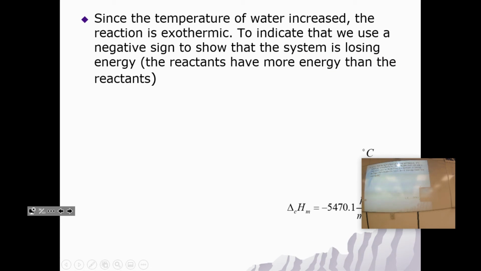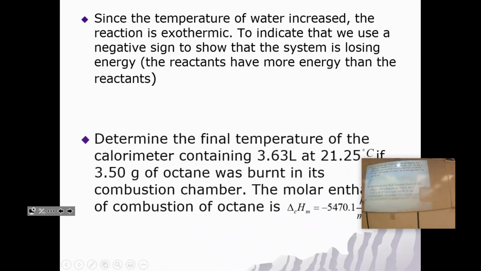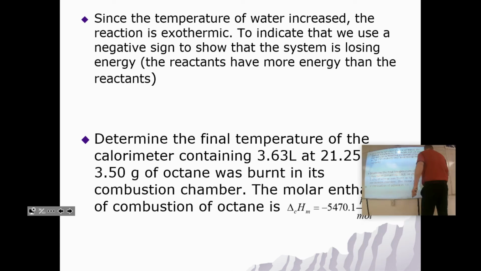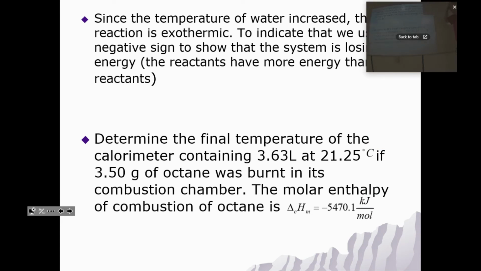Okay. So next question. Determine the final temperature of a calorimeter containing 3.63 liters at 21.25 Celsius if 3.5 grams of octane is burnt in the combustion chamber, and I'm giving you the molar enthalpy of the reaction.